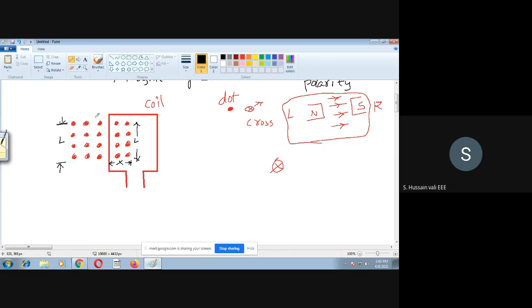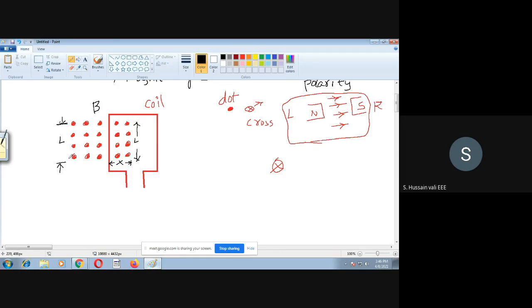Assume that these flux lines have a flux density of B, where B is the flux density of the magnetic field present here. Whereas L is one dimension and X is another dimension.